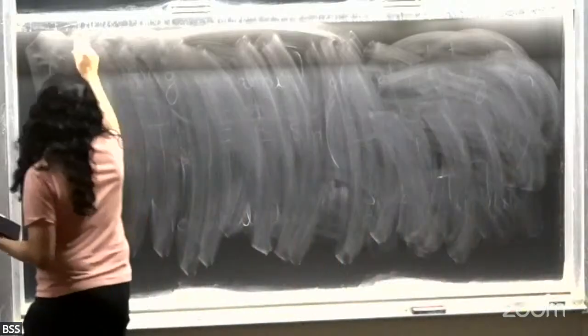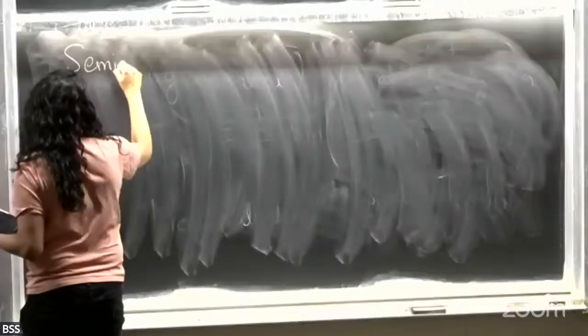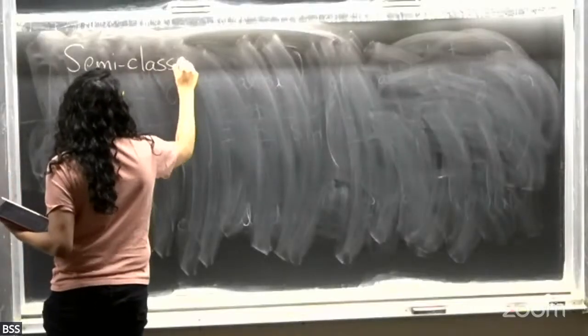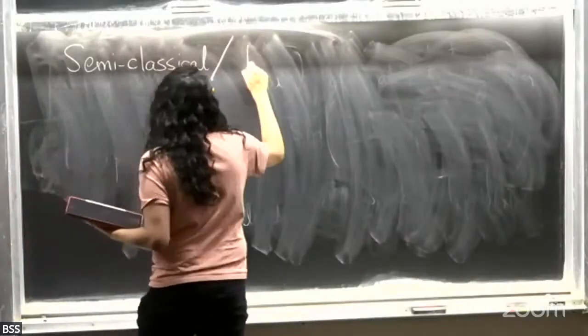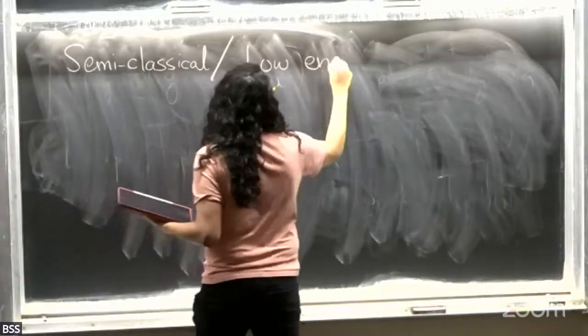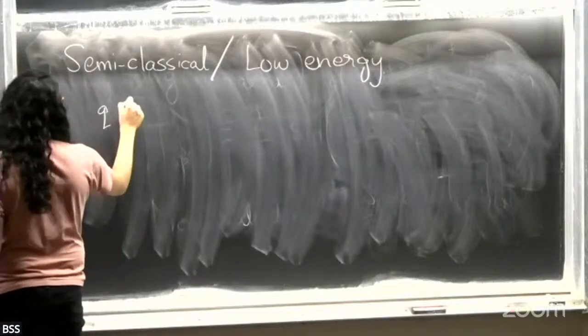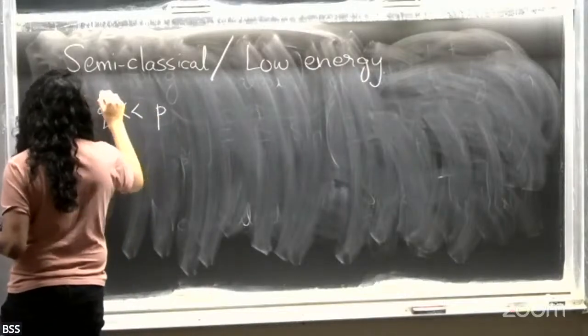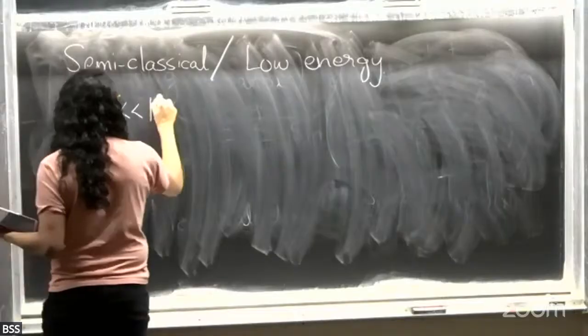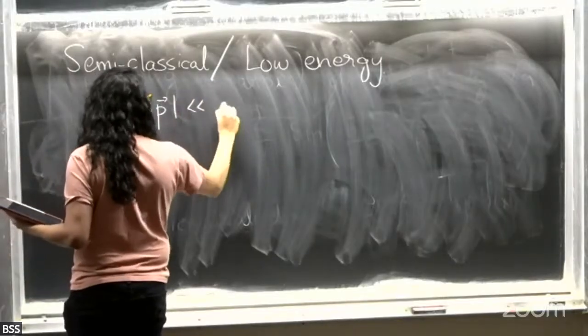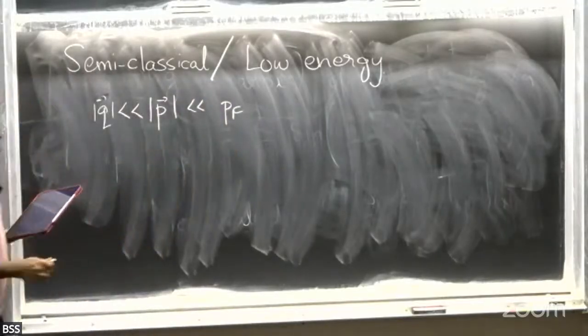And this average has to live close to the Fermi sea. All right. So for low energies, we need q much less than p, much less than p_F.